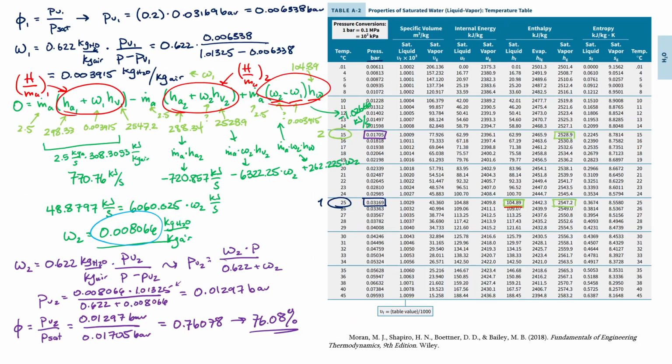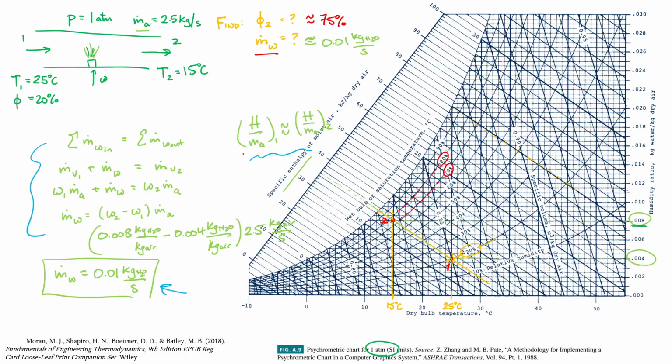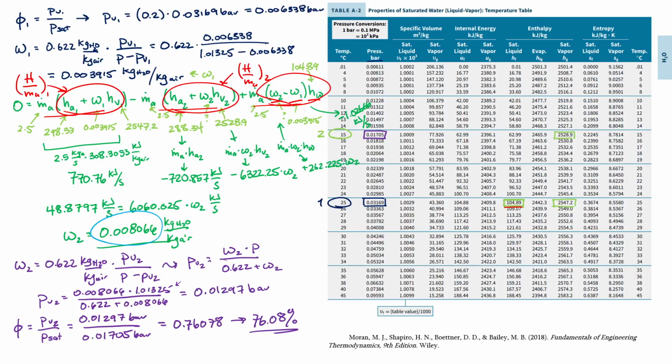Now, I could go through and plug in each of these individual pieces right here and compare the size of them. What I'm going to do is just compare it to the values I'm seeing in my chart. And the value I'm seeing in my chart is right here, which is going to be 35 kilojoules per kilogram dry air.